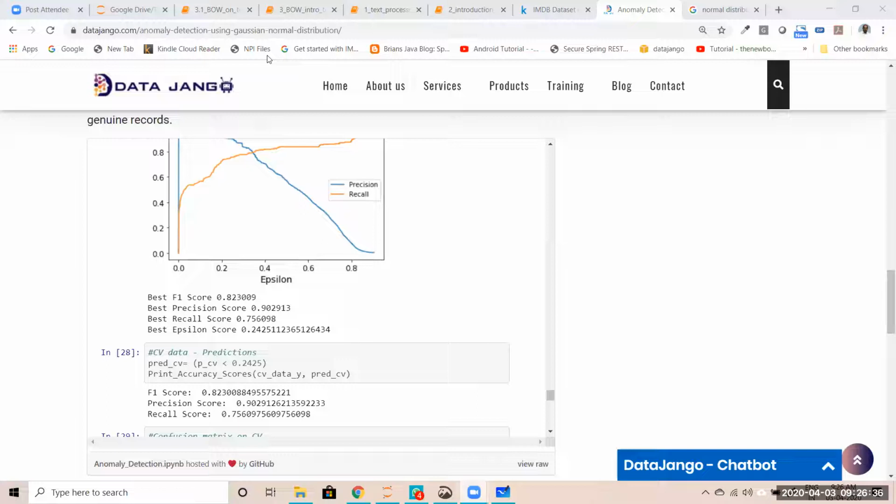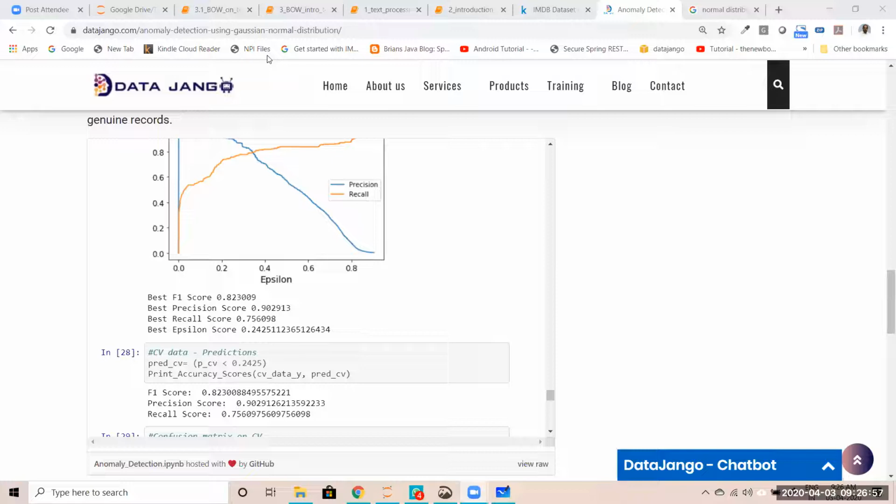I'll say precision. Sorry, I'll say recall. Recall is more important. Why am I saying recall is more important? Can you guys explain? I should be explaining that.